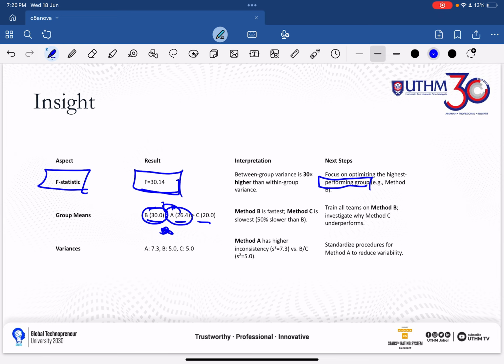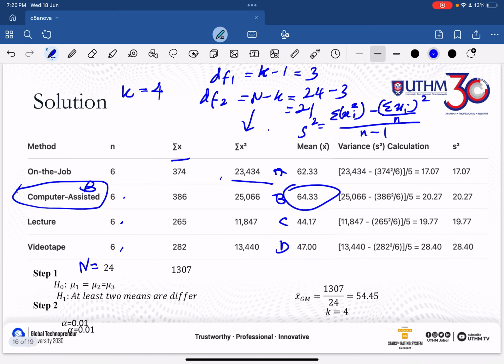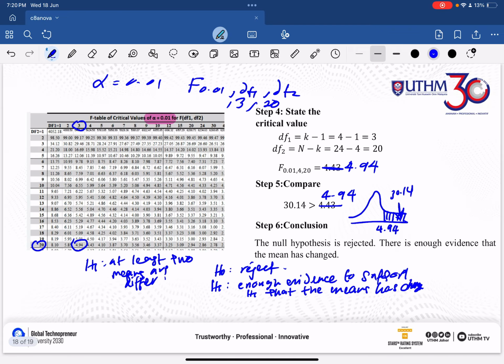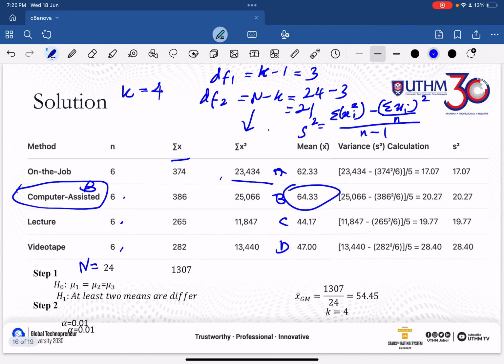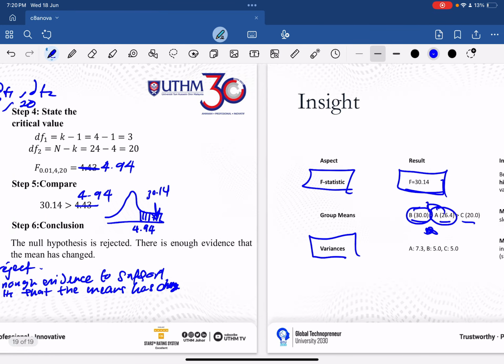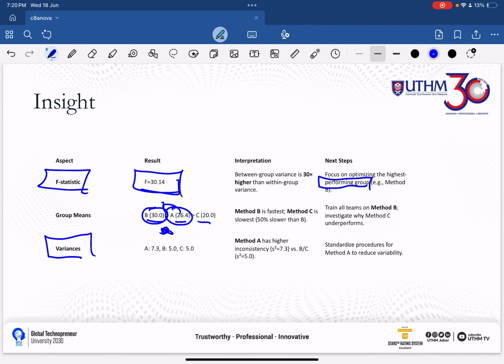Okay, and then what about the variance value? So the variance value here, that is from another example. But here, if you look into the variance, the variance here is 28.4 up until 17.07. What does it mean? Okay, so there is a lot of inconsistency.